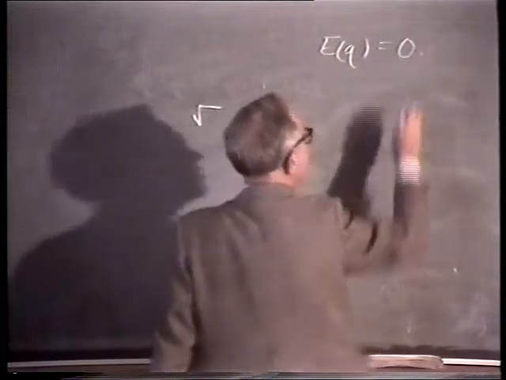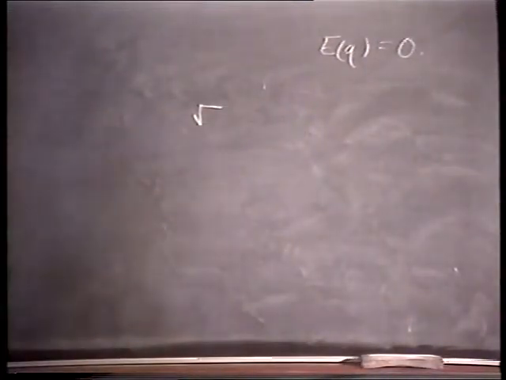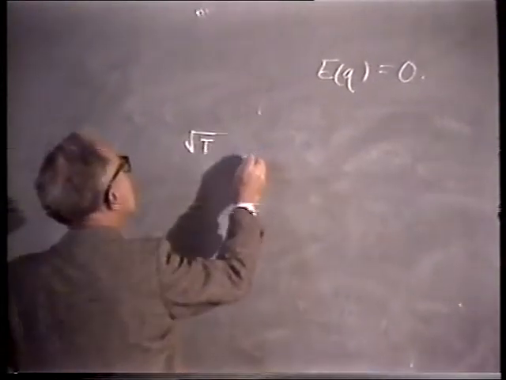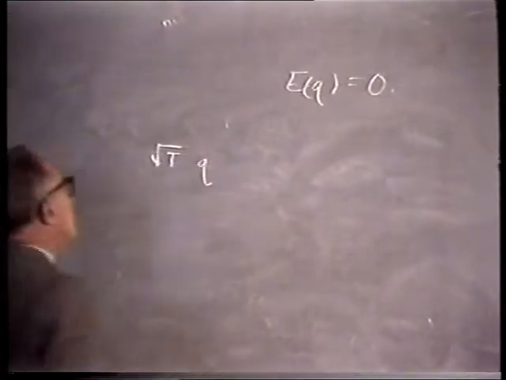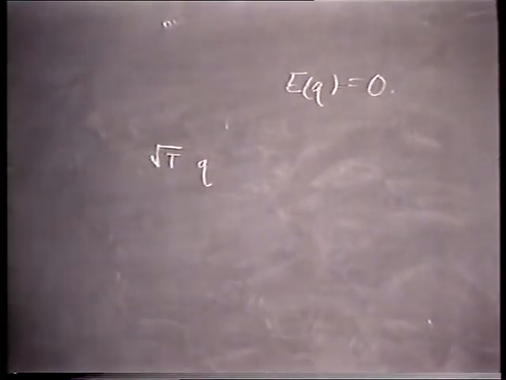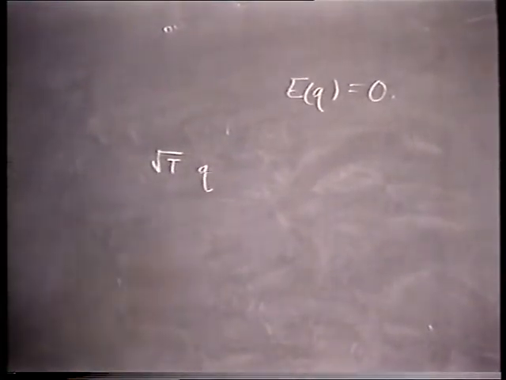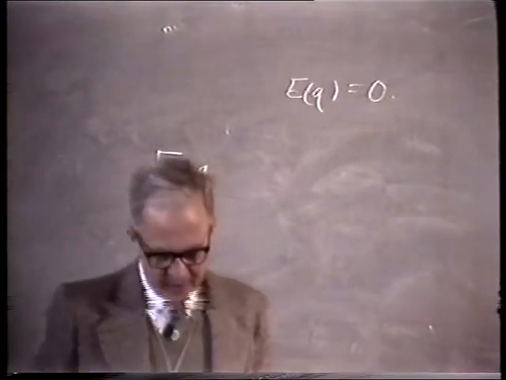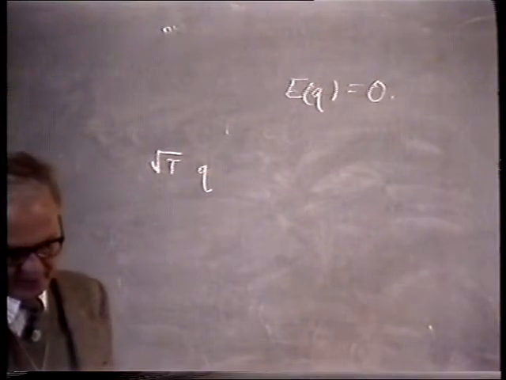In other words, we always rescale so that Q is measured from its mean. And then what we're interested in is square root of T times Q. In other words, we're assuming that Q is such that square root of T times Q has an asymptotic distribution.